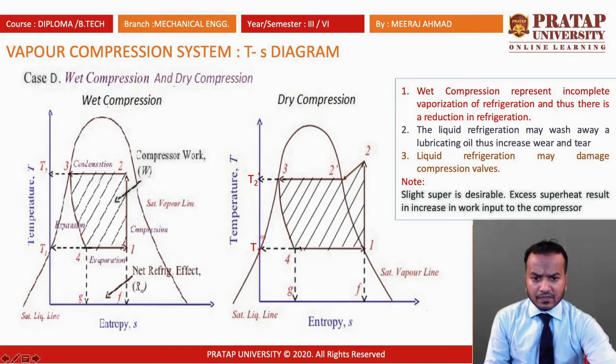So the vapor state is very desirable in a VC cycle. The liquid refrigerant may damage the compressor valve. So slight superheating is desirable, but excess superheating will increase the work input to the compressor.